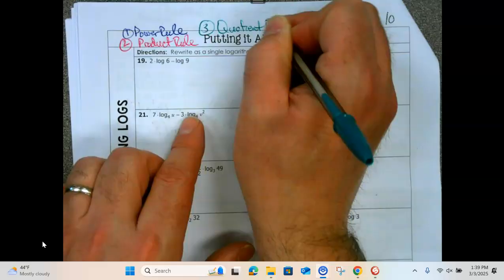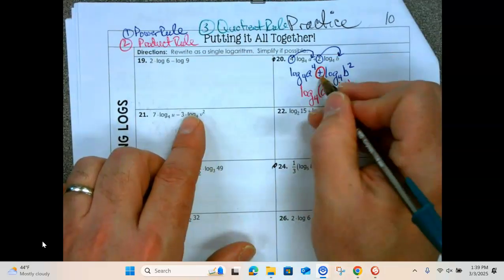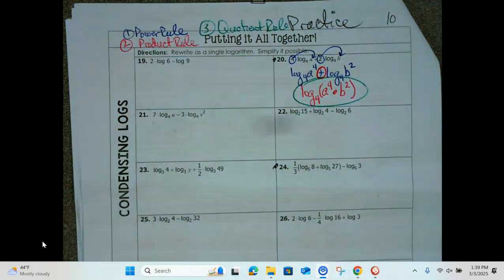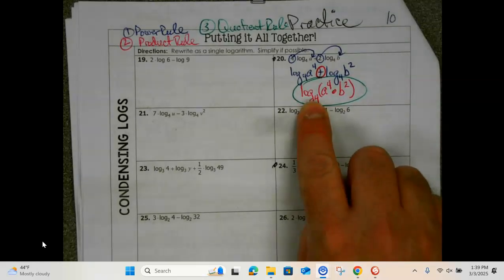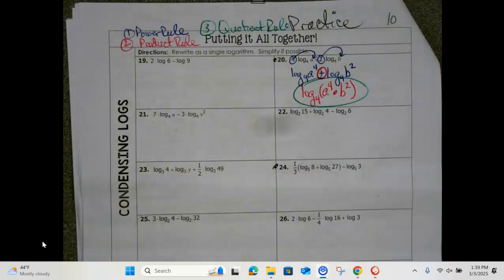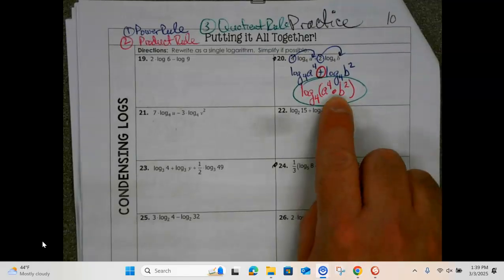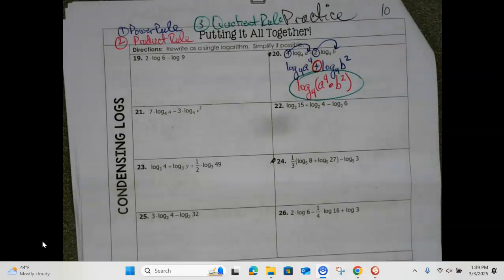But I don't this time. So that actually was the answer. I was done. I'm down to one single log. I don't think I can condense that anymore because I've already got this to multiply. So if I just do like a to the 4th, b to the 2nd, yeah, it's the same as having the multiplication dot there. You don't have to have the multiplication dot, no. Nope.